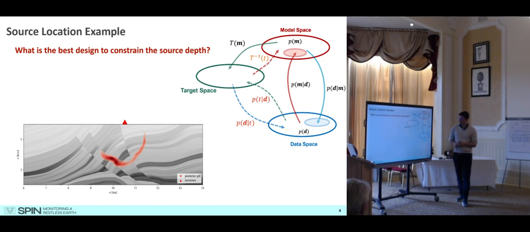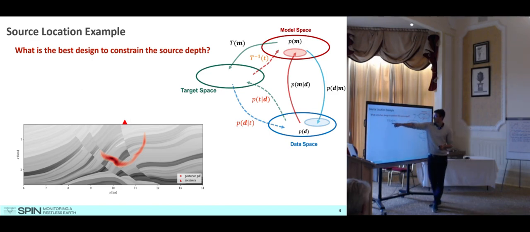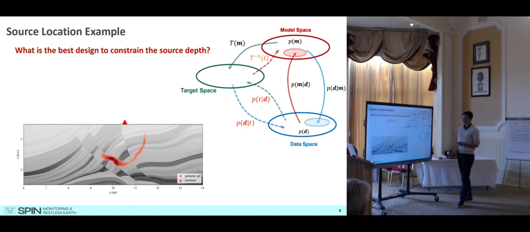So what we need to do, we introduce a target space. And in this case, this target space is very simple. It's just the vertical component. And this mapping that gets us from model space to target space just takes our model vector, or source location, and spits out the vertical component. And with that at hand, we can again solve our interrogation optimal design problem.